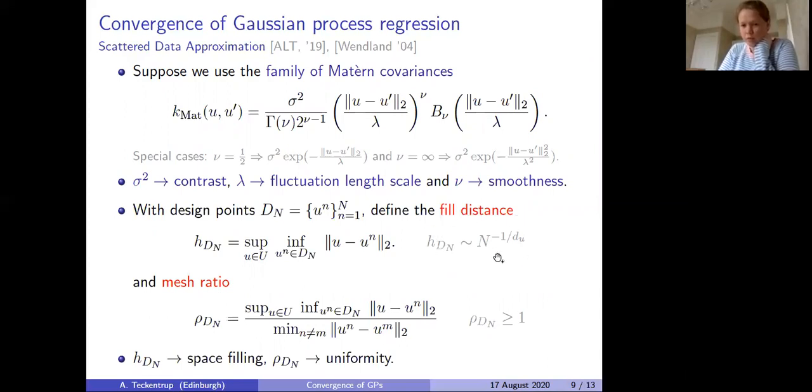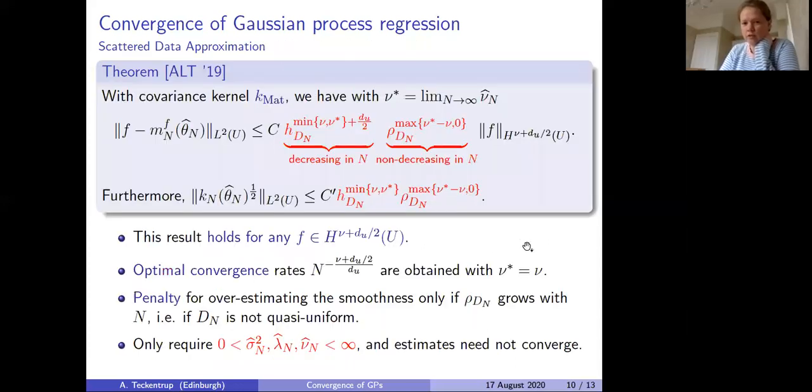Okay, so this fill distance here usually goes like n to the -1 over the dimension, and so the convergence rates that you get here, and particularly also the optimal convergence rates, do deteriorate quite badly with the dimension. Okay, so that is something that is known if you're working with these kind of standard isotropic Sobolev spaces. And I said these are the optimal convergence rates. So that you deteriorate with dimension is quite natural in this setup.